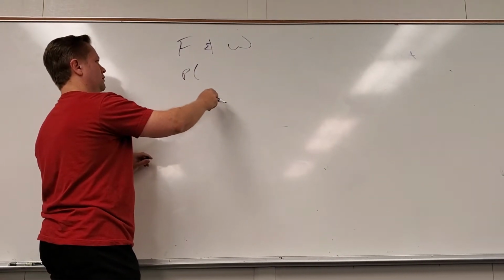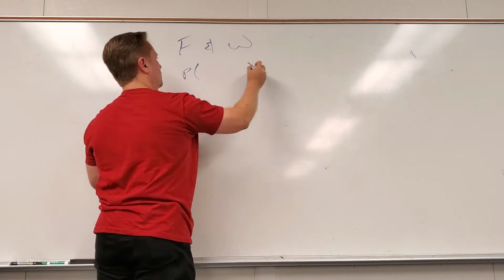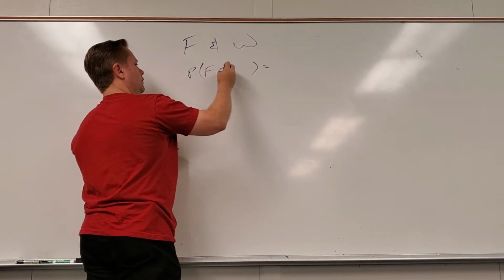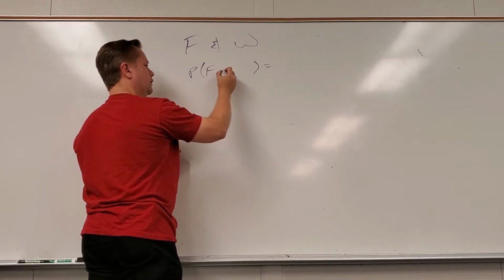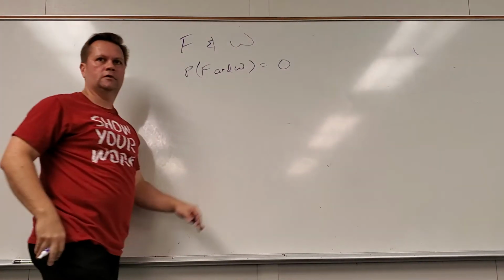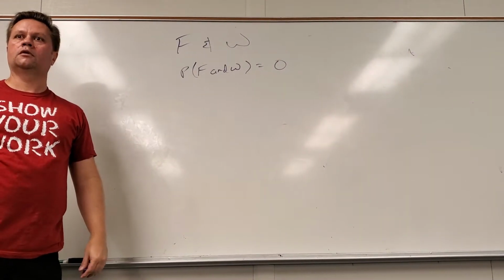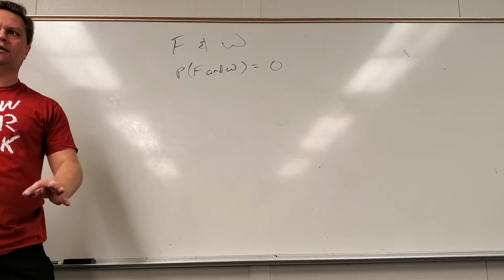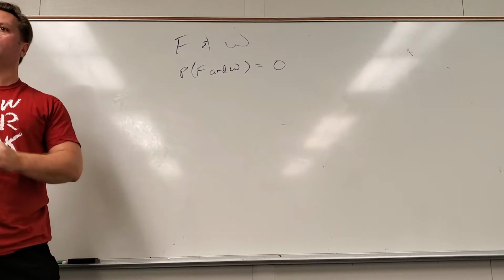Probability of F and W equals 0. And then anywhere that shows up in any equation they asked me for, I put a 0 there.